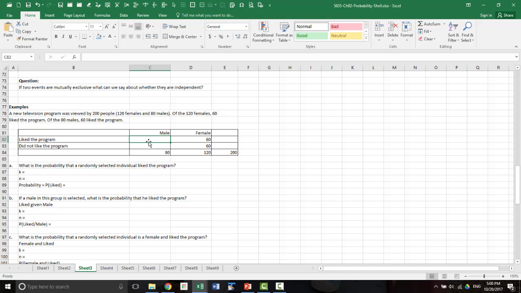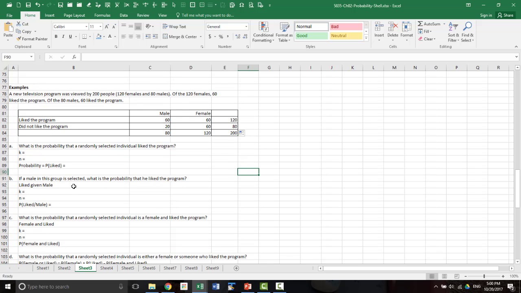Okay, so we need that. Then that minus that will be the people who did not like the program. Now if you sum across the rows, then we get how many people liked the program and how many did not. Okay. So now we have these probabilities to answer.